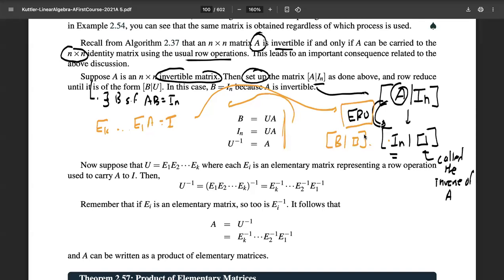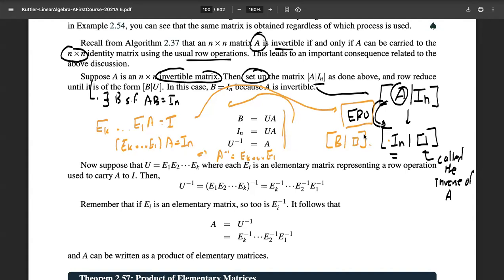That just means that the product of the elementary matrices times A can give me the inverse if A is invertible. And this implies that A inverse is just the product of all the elementary matrices. Let me rephrase this.